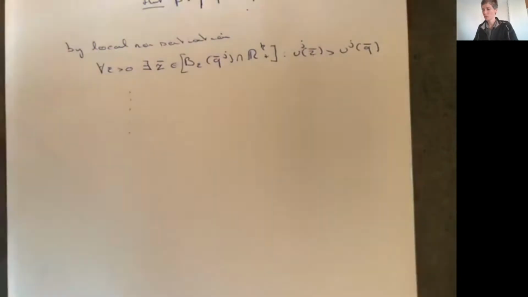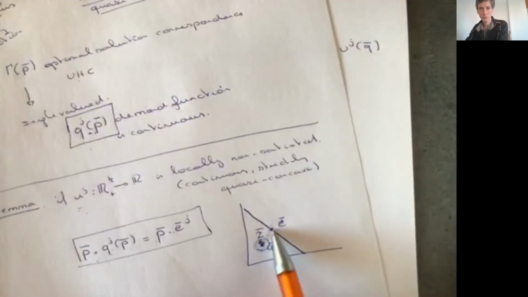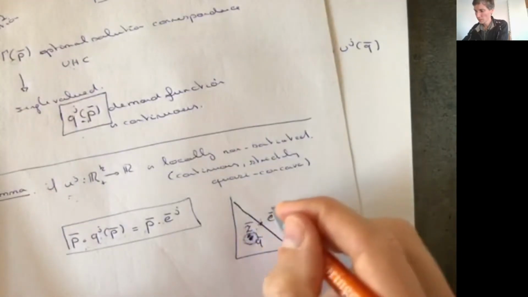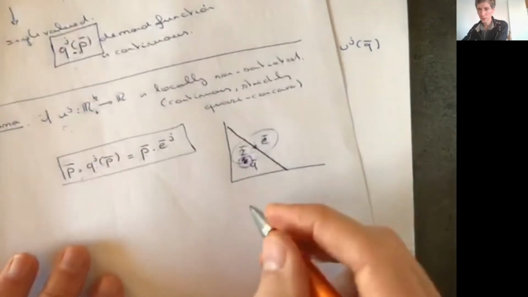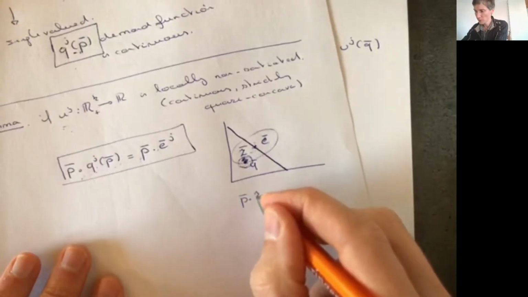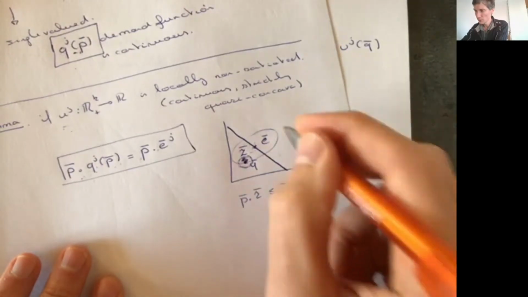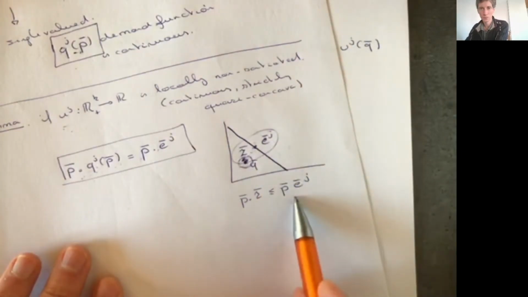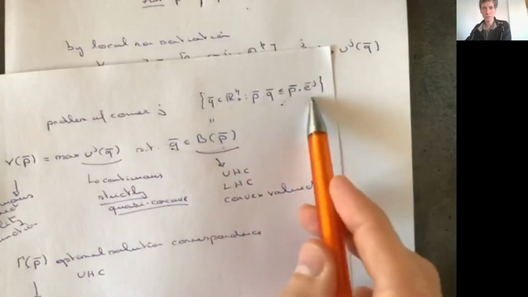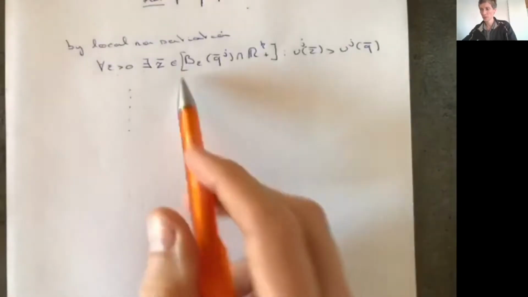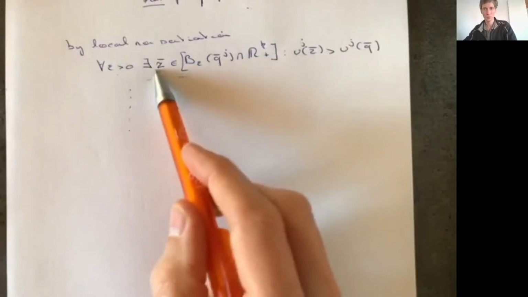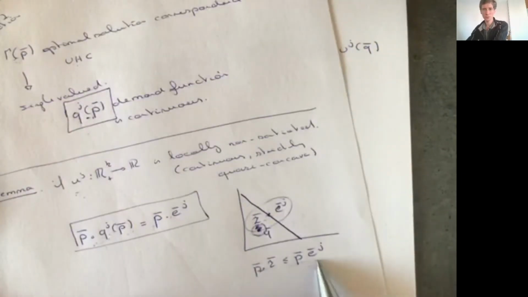Well, we want this Z to satisfy that it's inside the budget set, right? The fact that Z is inside the budget set can be rewritten as P times Z is less or equal to P times the endowment, right? Because this exactly defines what the budget set is about. So we need to find an epsilon such that this Z satisfies this condition.